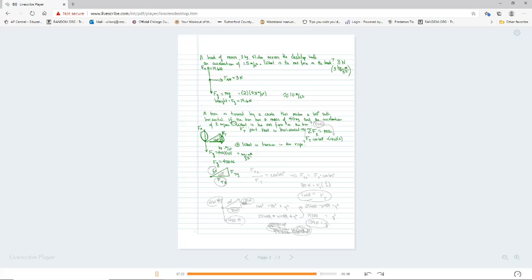So the net force on the box, we know from over here, is 80 newtons. But we need to work with the other side to figure out what the tension in the rope is.